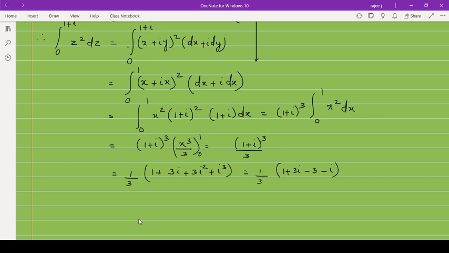Then this is equal to 1 by 3 into, here 1 minus 3 is minus 2, and plus 3i minus i is minus 2i. Or that is equal to, again taking minus 2 common, minus 2 by 3 into (1 plus i).